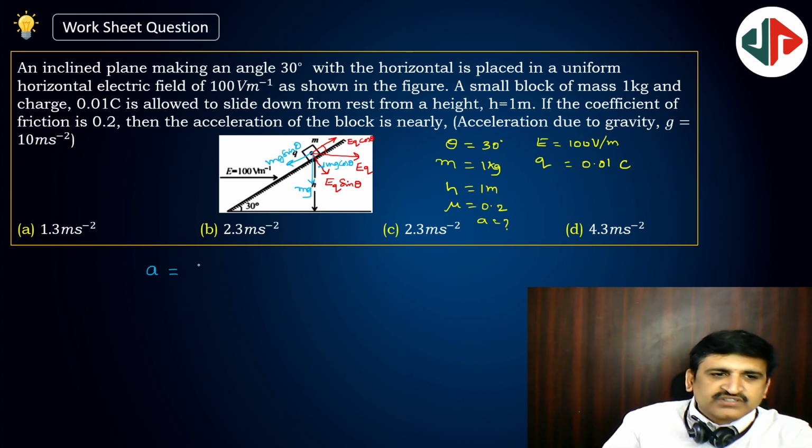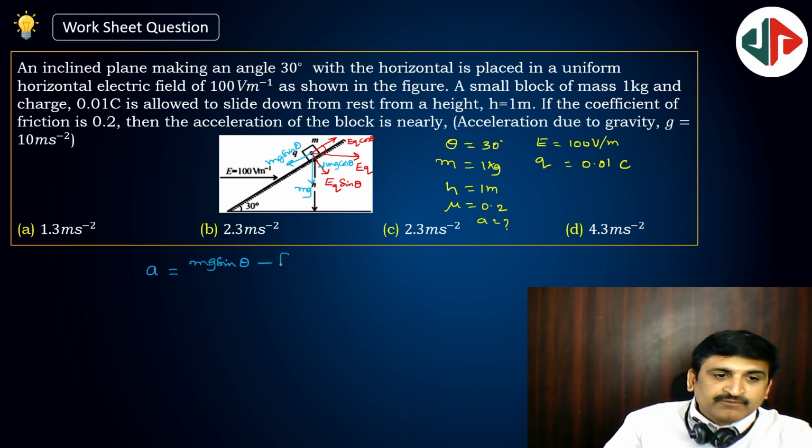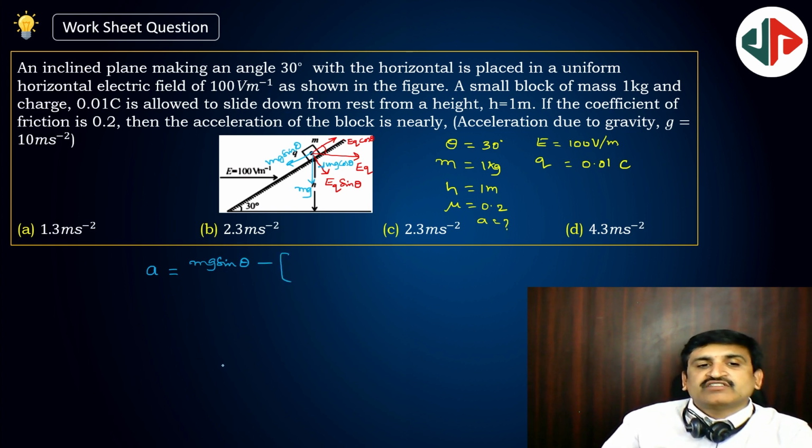Net force. Net force means the downward force is mg sin theta, minus the upward forces. What are the forces in the upward direction? EQ cos theta is there.